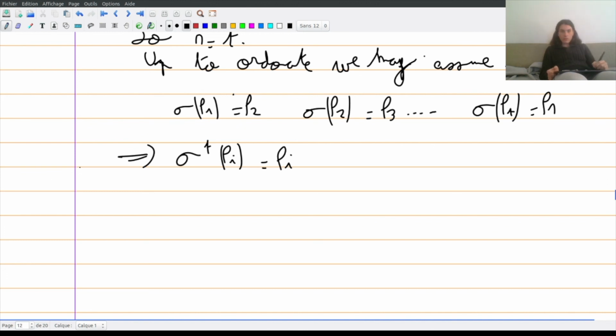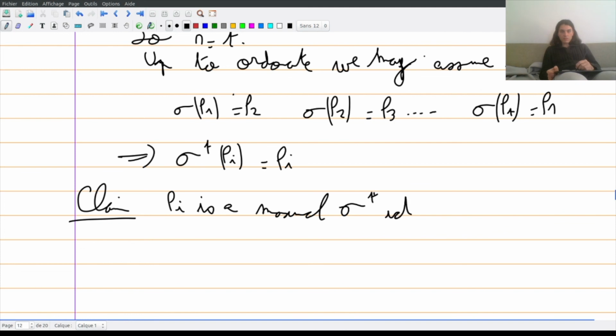So now I claim that Pi is a maximal sigma T ideal. How do I prove this? Otherwise, let Qi be an ideal that contains it.